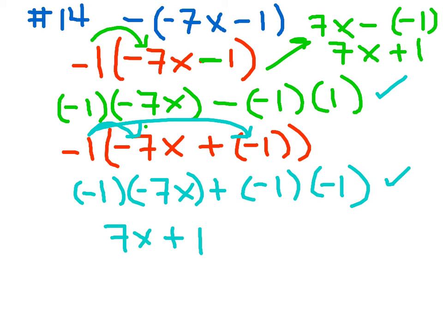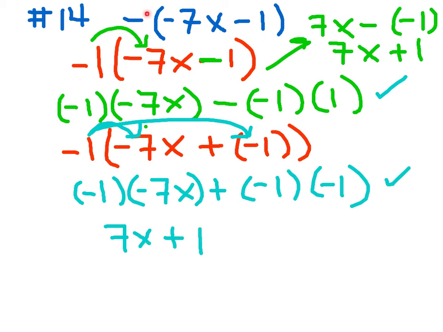Let me tell you the questions I was going to ask for this one. The first question is about the opposite. The opposite with these parentheses is the same thing as saying -1 times this.